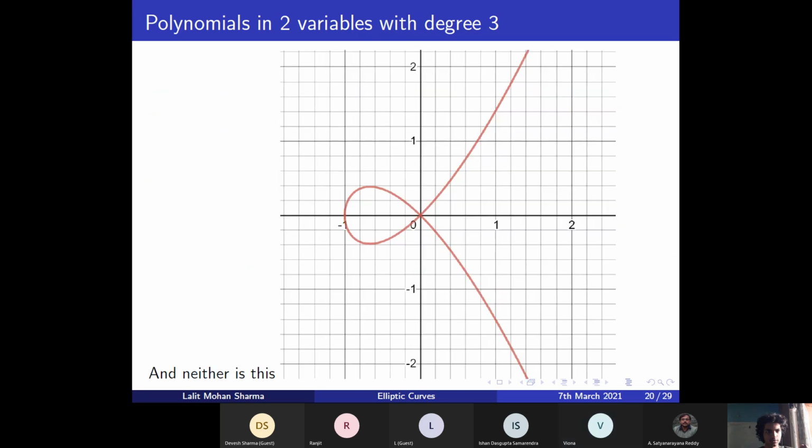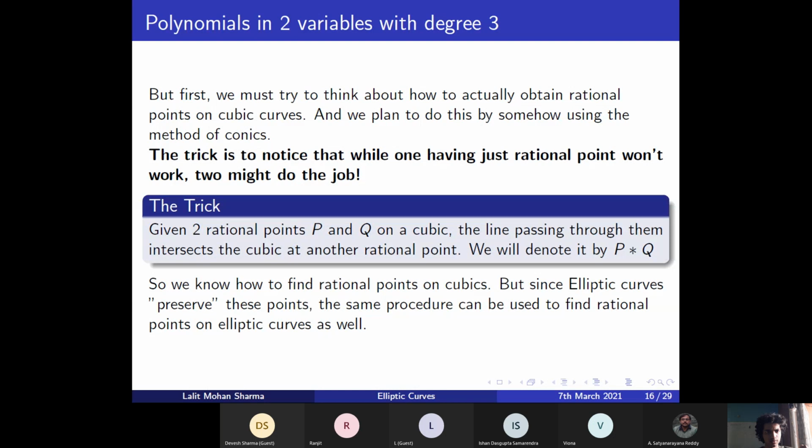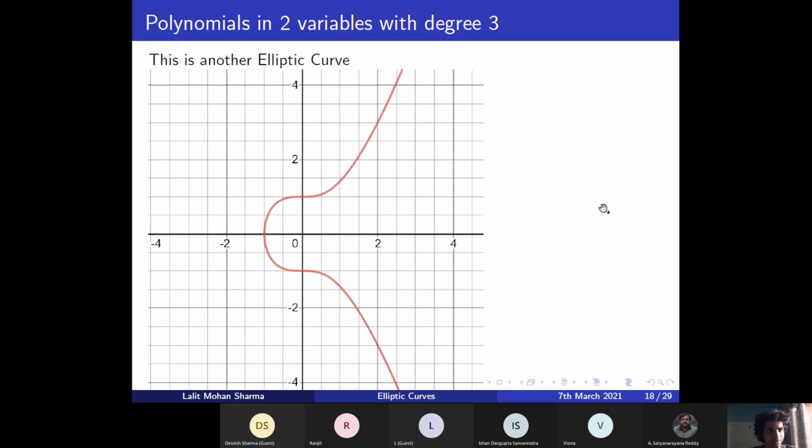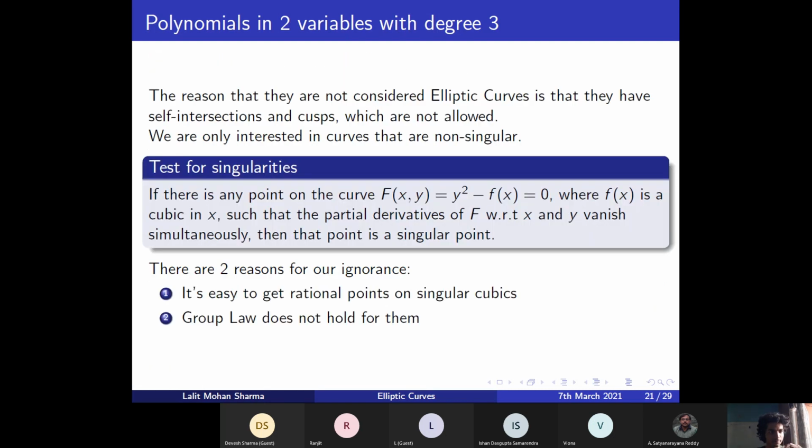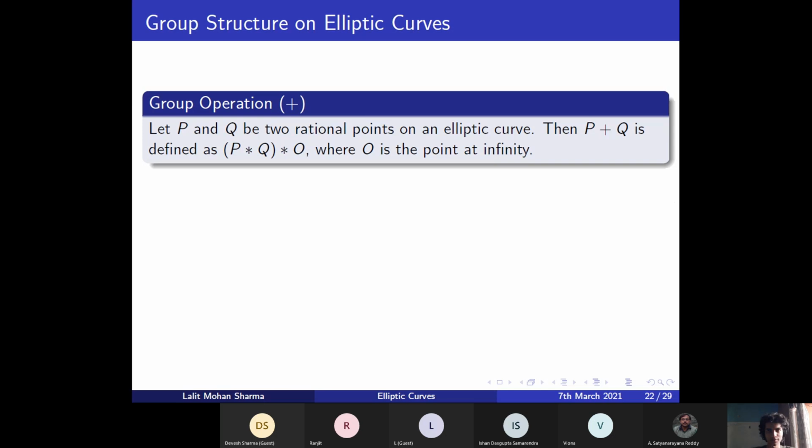Okay, we talked about this, right? Yeah, I should have mentioned it later on as well. It kind of all got mixed. So P star Q gives the third intersection point, and we know that the third intersection point is rational, right?